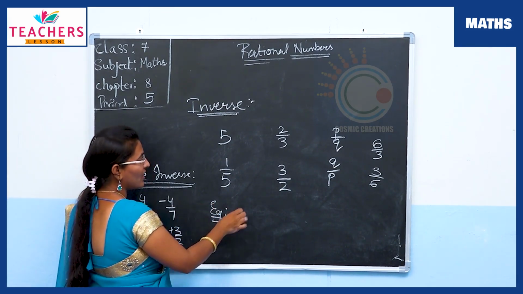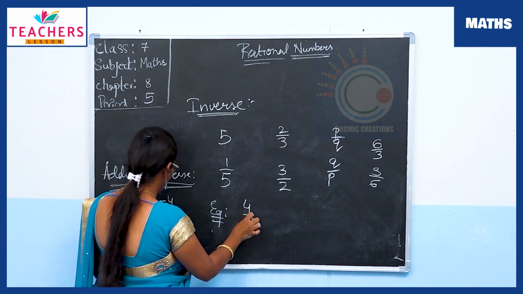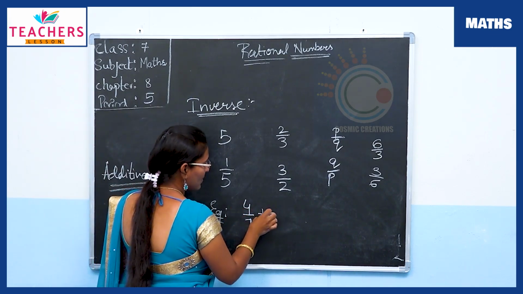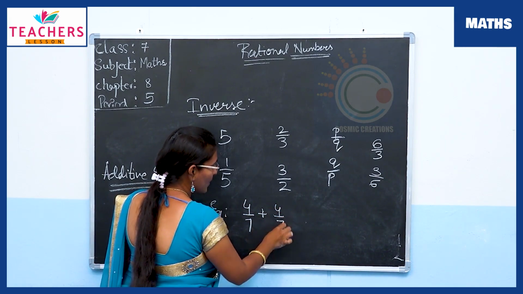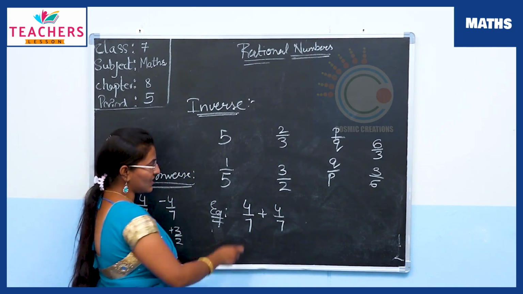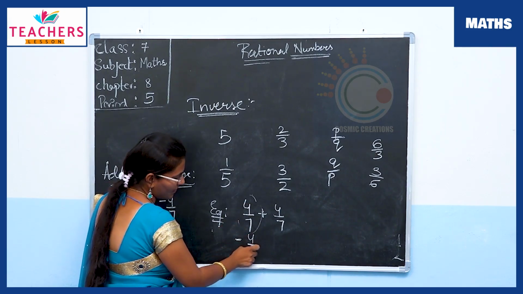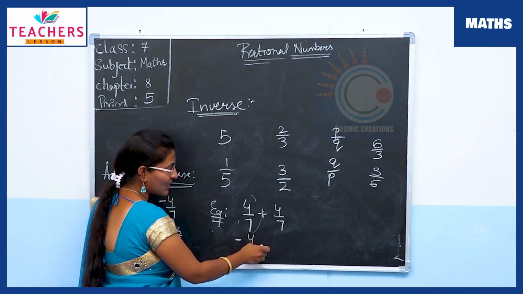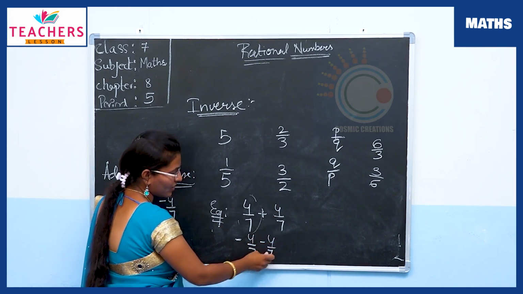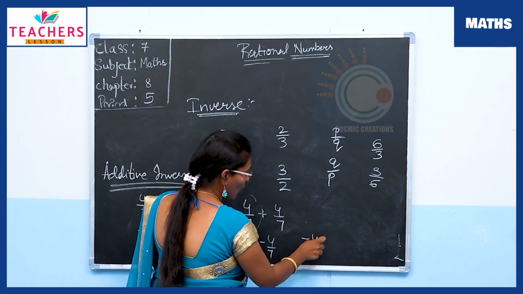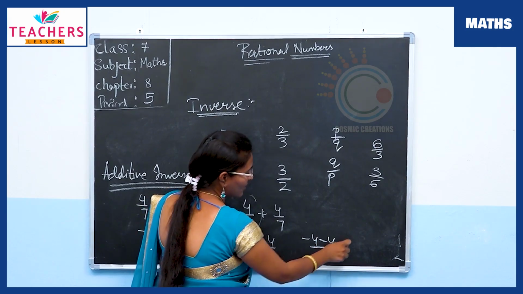So example, if minus 4 by 7 plus minus 4 by 7, what will be the answer, students? Yes. Plus 4 by 7 is what? How do you have to convert? Minus 4 by 7. And plus 4 by 7 is again minus 4 by 7 you have to convert. So that means minus 4 by 7 plus minus 4 by 7 will be what?